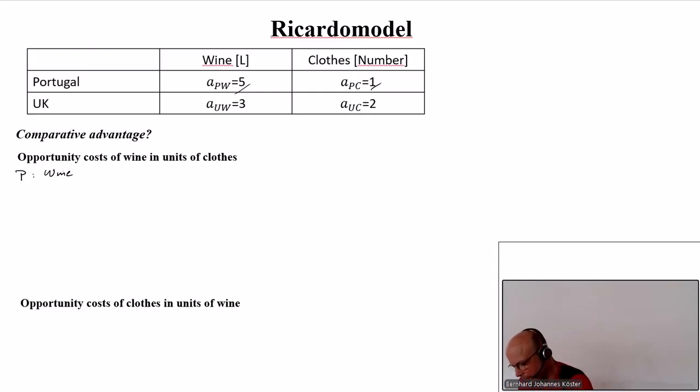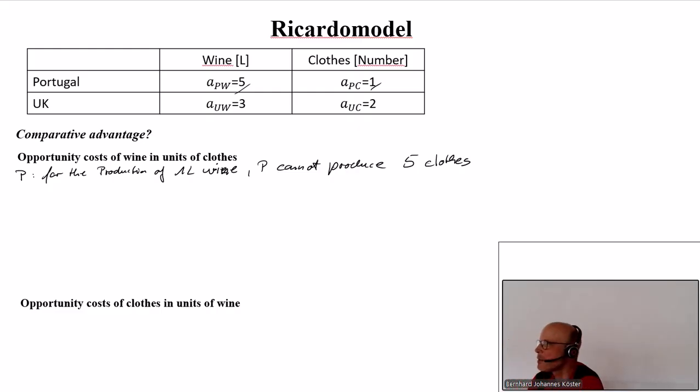Let me formulate it like this: for the production of 1 liter of wine, Portugal cannot produce 5 clothes.